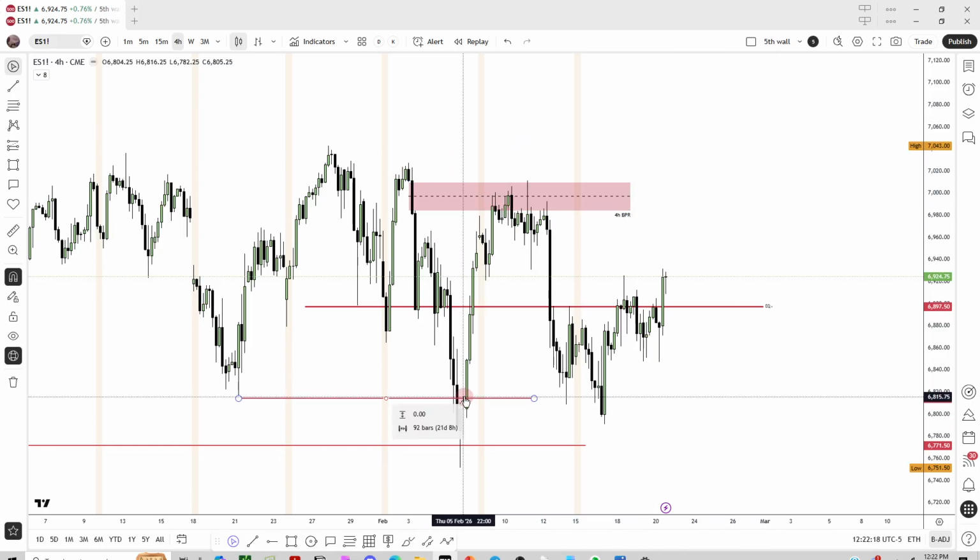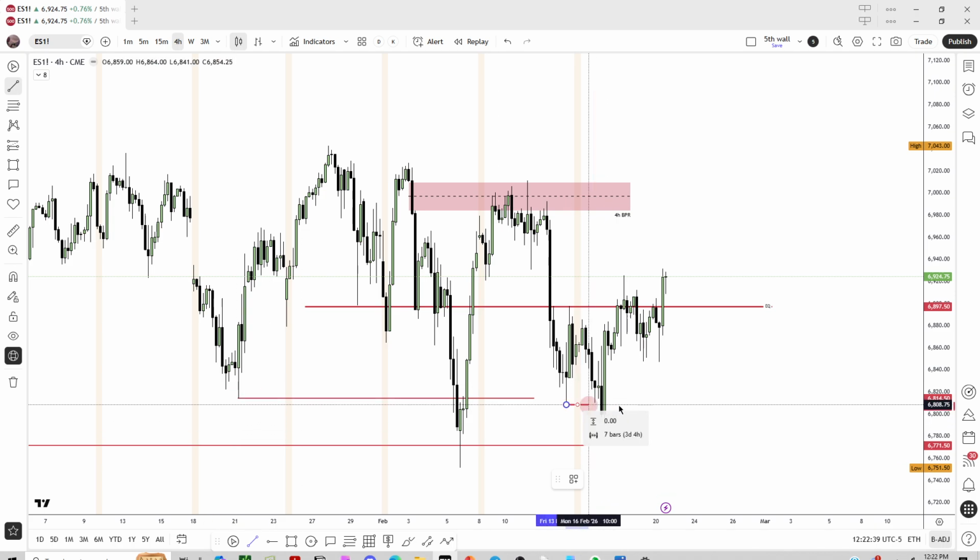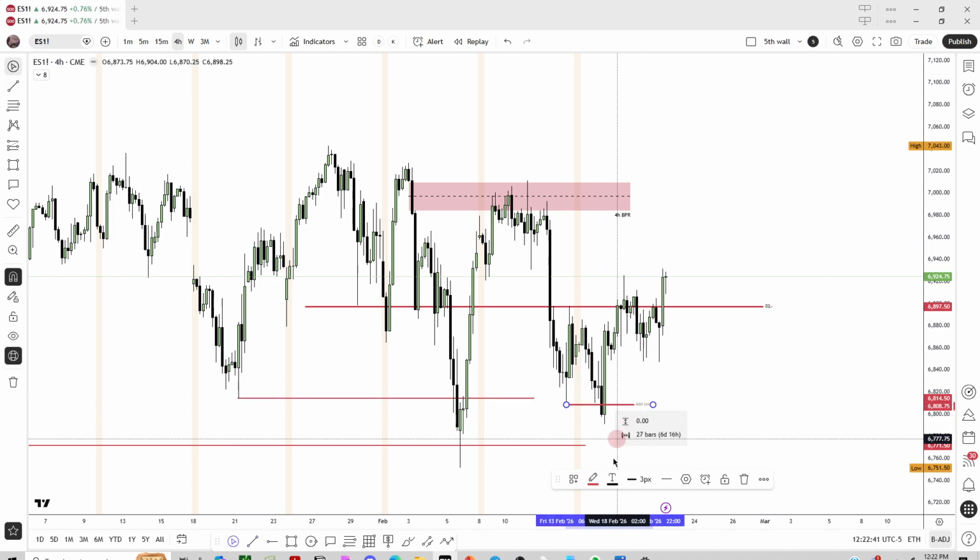And we have this level that was raided. We have a retest, a pullback into equilibrium. Pulled back, took out this sell side, also retested this as well. So this right here is a previous week's low. This is also a previous week's low.